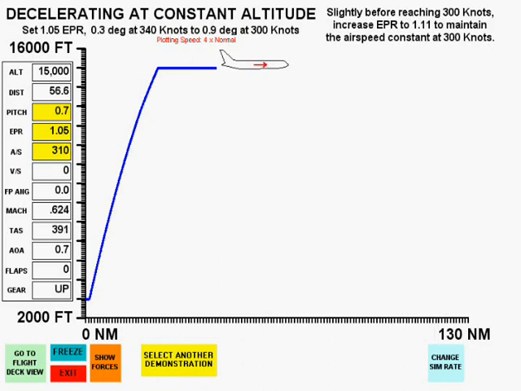Approaching 300 knots, we will increase the EPR to 1.11 to maintain 300.